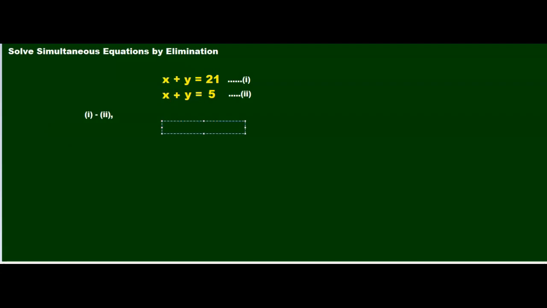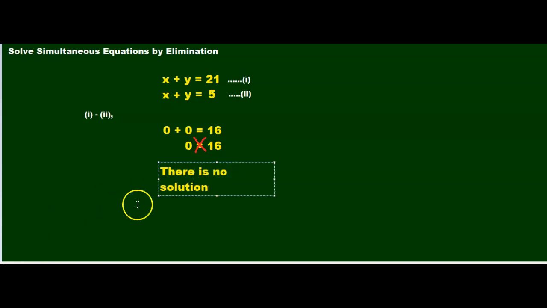So x minus x gives me 0, and then y minus y also gives me 0, equals 21 minus 5 gives me 16. Therefore, we're saying that 0 equals 16. But we know that 0 can never equal 16, correct? So our final answer would be that there is no solution.